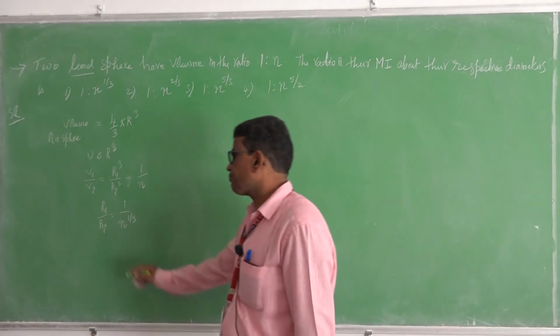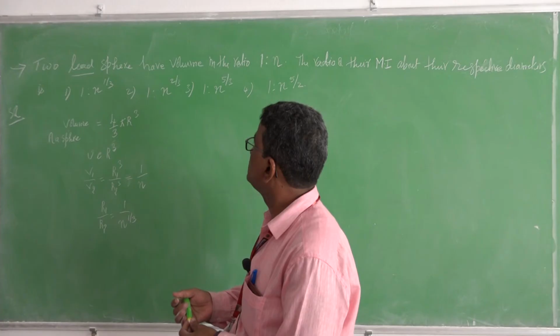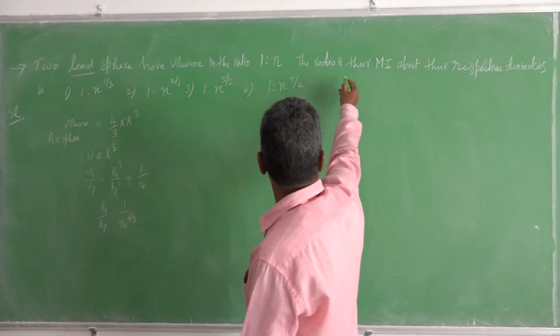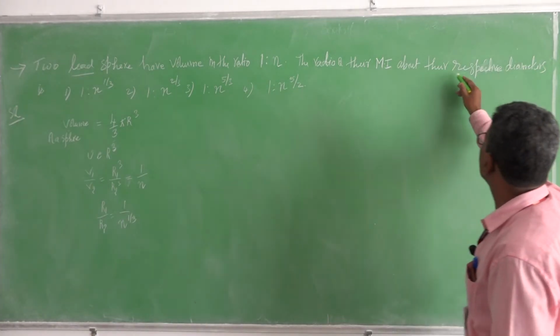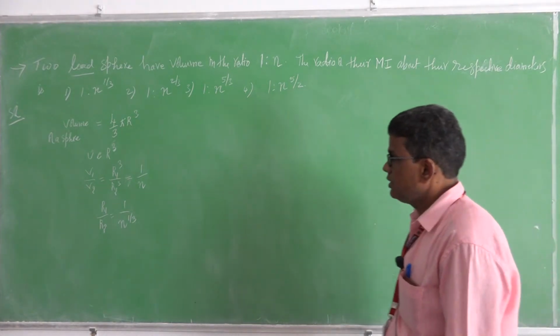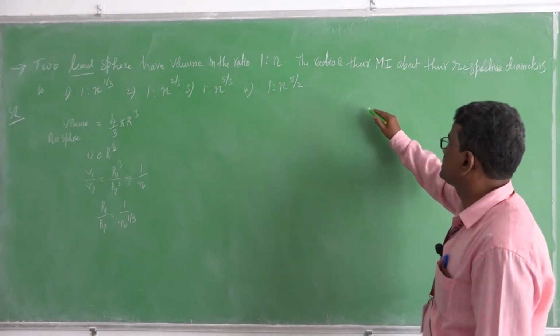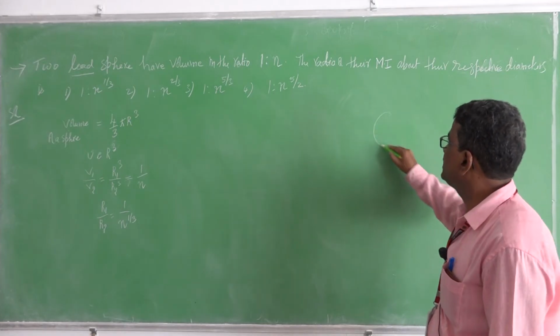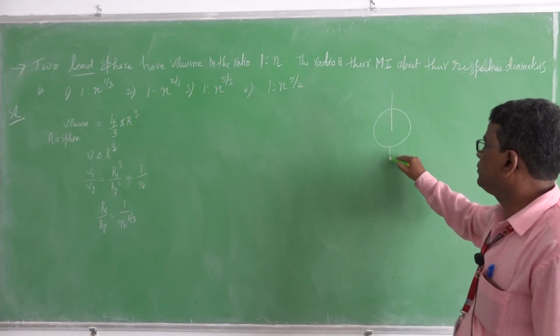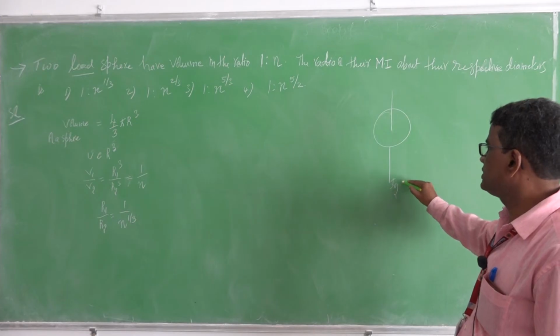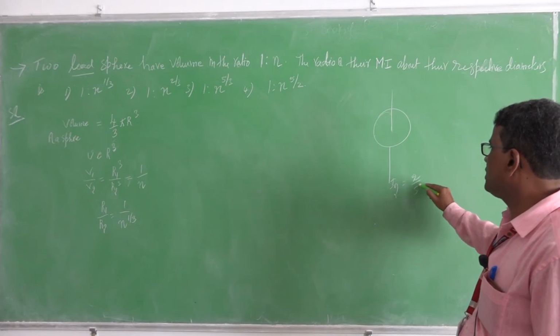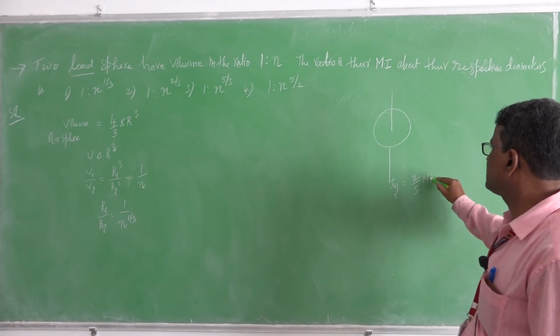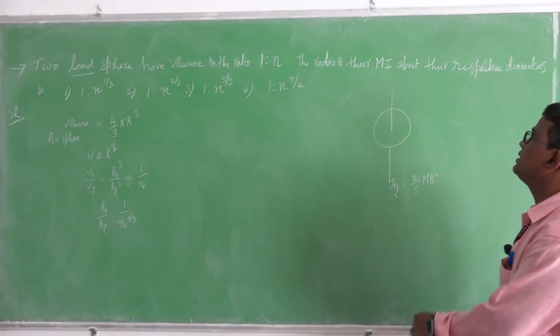Now we want the moment of inertia about their respective diameters. The moment of inertia of a solid sphere about an axis passing through the center is 2 by 5 m r square.